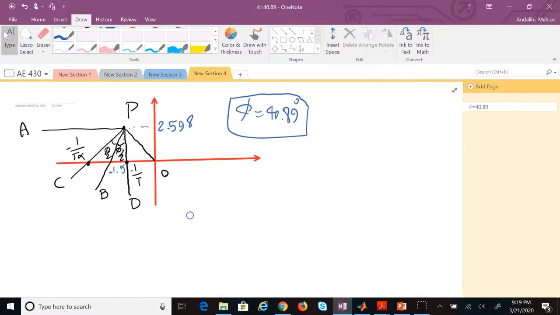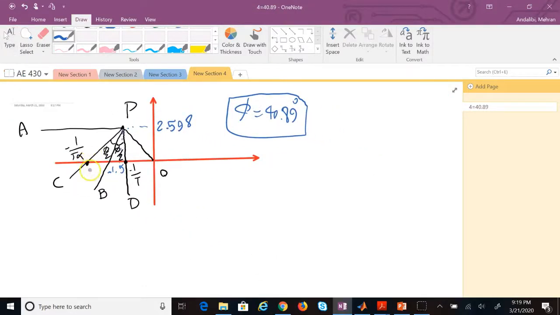Now, using that, let's call this point, whatever you want, maybe F, and let's call this point G, and this point H. So the goal is, given the location of P and the angle phi, can we find the coordinates for points F, G, and H?